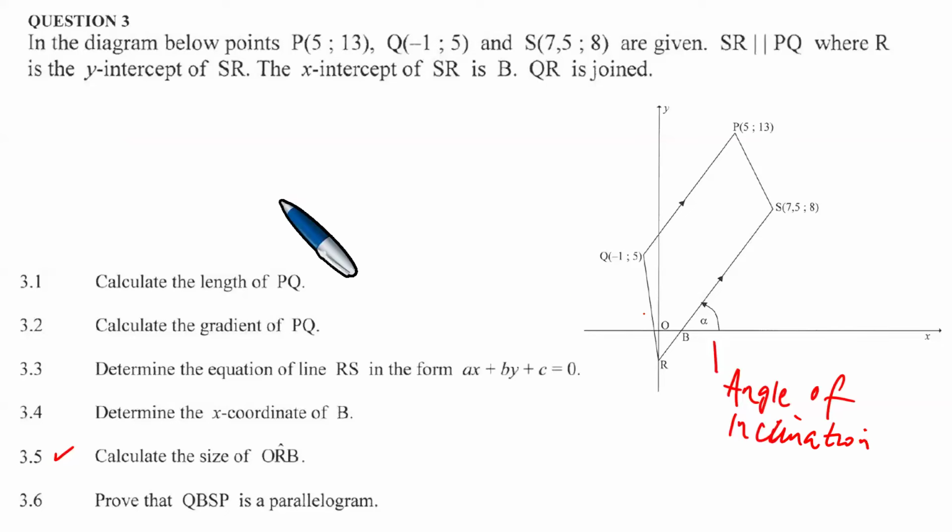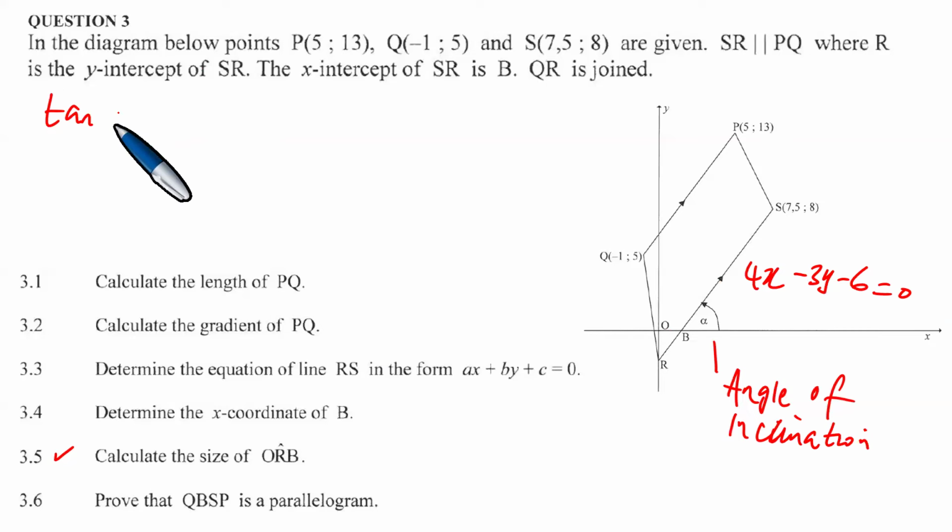Okay, so we already know that the equation of this line RS is 4x minus 3y minus 6 equals 0. So in the end, the tangent of alpha, where alpha is the size of the angle of inclination.